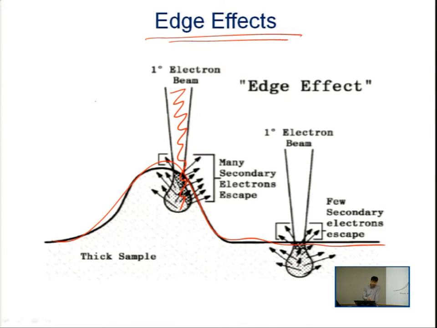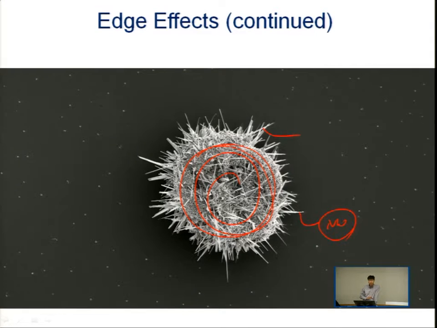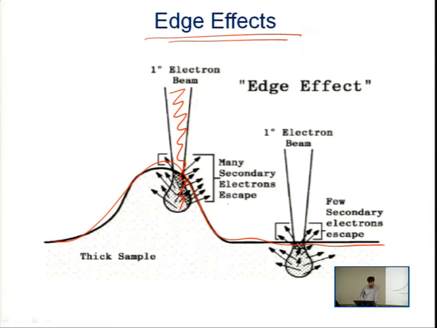For a sample like this, which has a bunch of nanowires grown out of a circular nanoparticle, in most cases your nanowire is much brighter than the bulk nanoparticle.